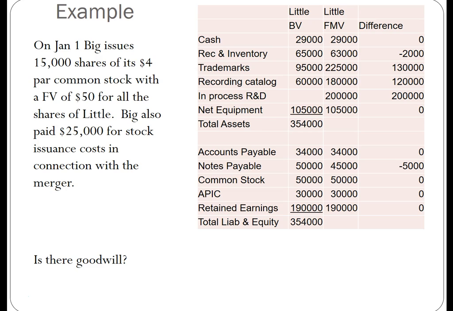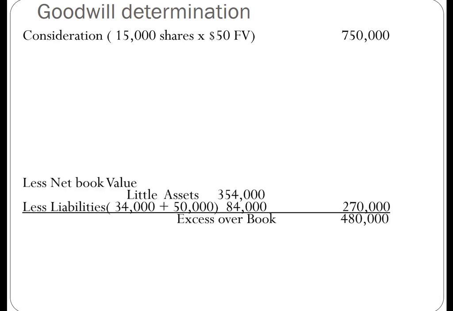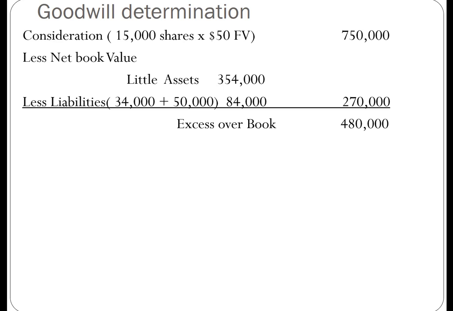First thing we want to look at is, is there any goodwill? Well, first of all, what we need to do is look at consideration, which is going to be the 15,000 shares at $50, or the fair value per share. Then we're going to subtract the net book value, which is going to be the assets minus the liabilities.